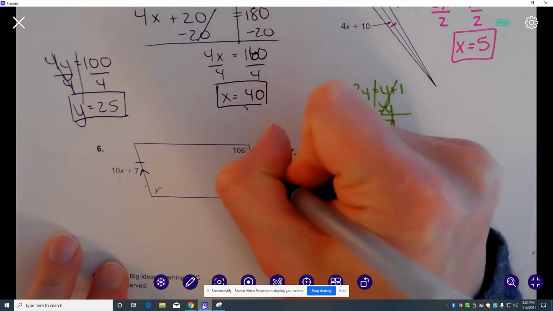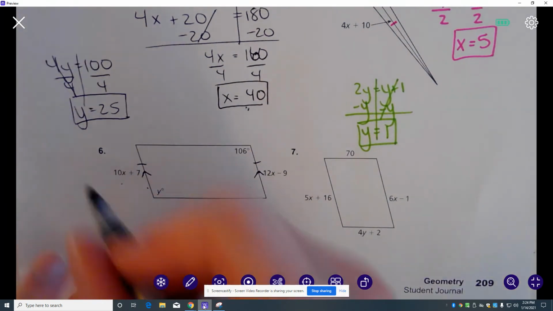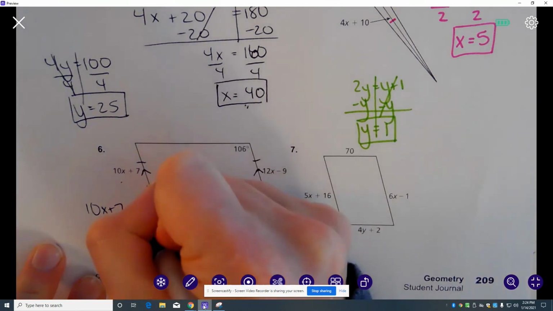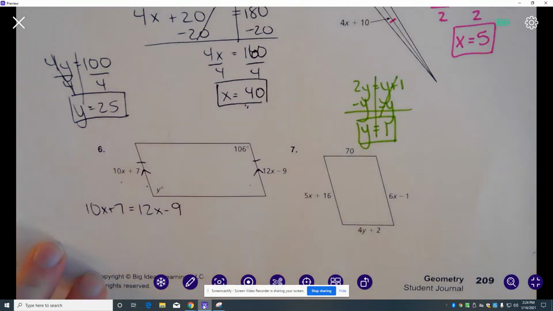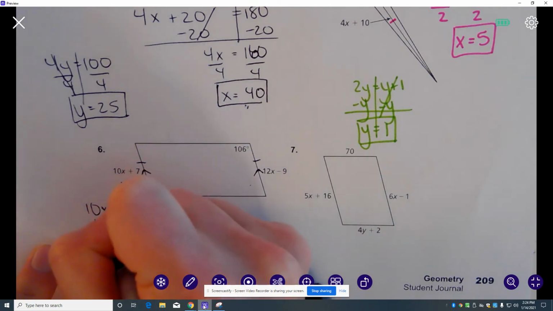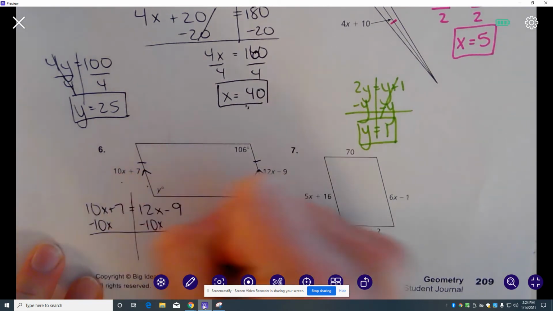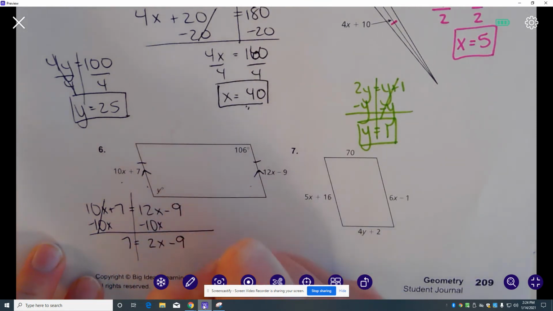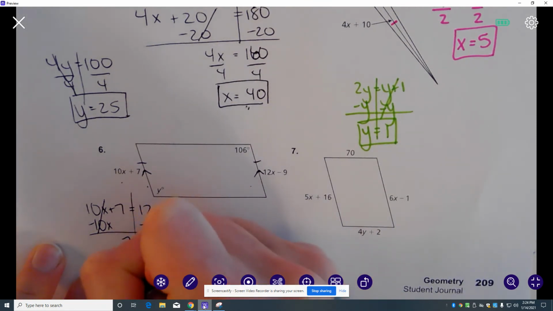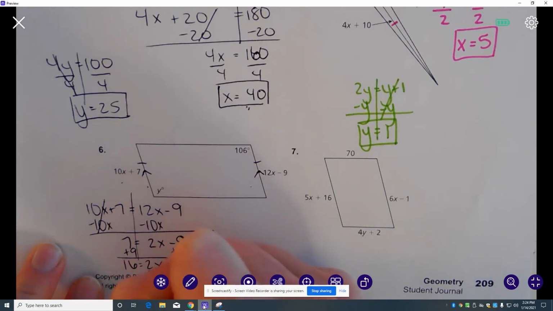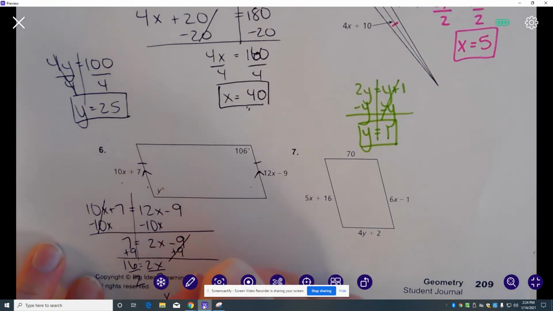They have to be equal in measure. So 10x plus 7 must be equal to 12x minus 9. I can go ahead and solve this equation for x. I get x is equal to 8.